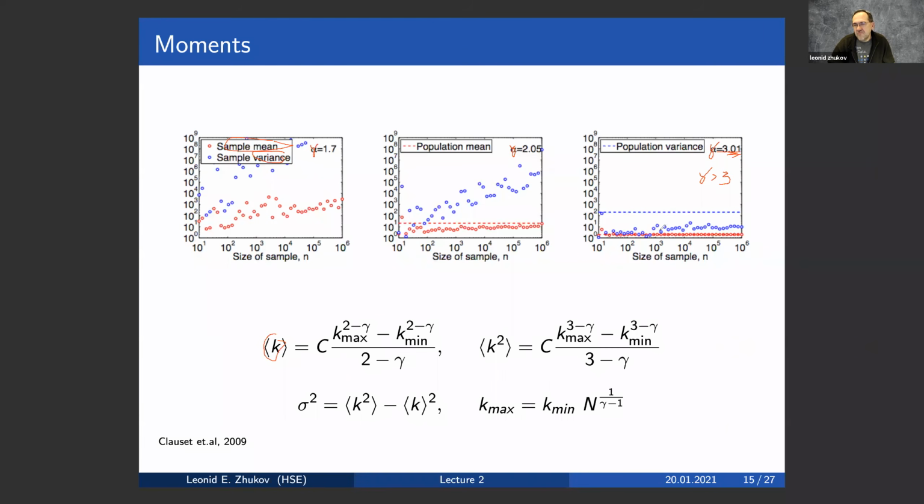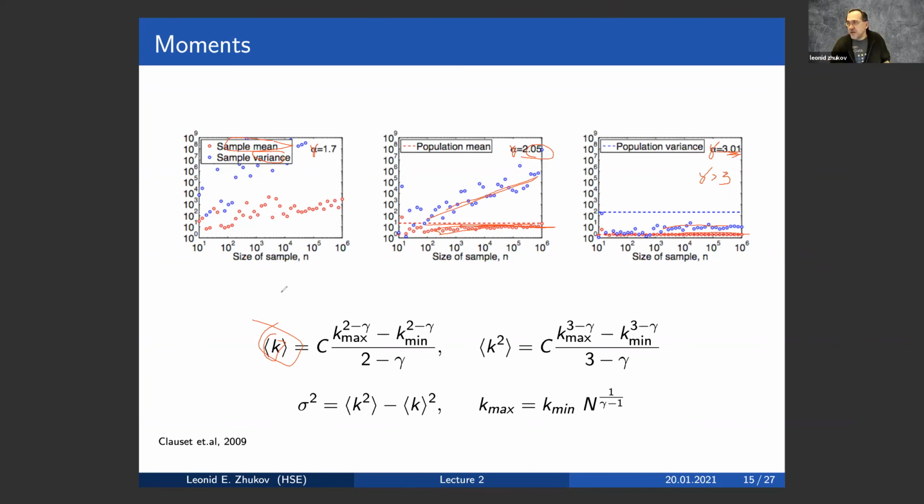They both pretty much don't change. When gamma is in between 2 and 3, which is here, 2.5, the average stays stable with the size of the graph, but the variance increases. And if you look at the bottom, they're both increasing.